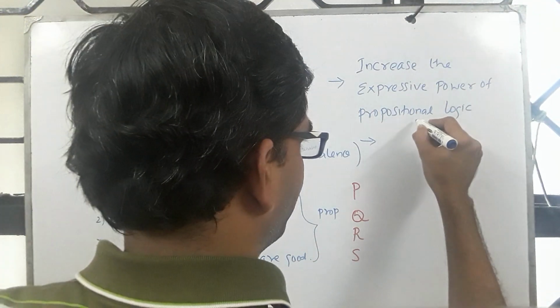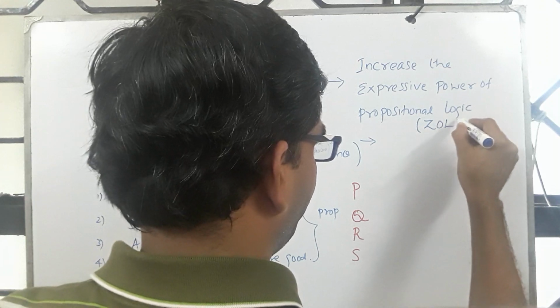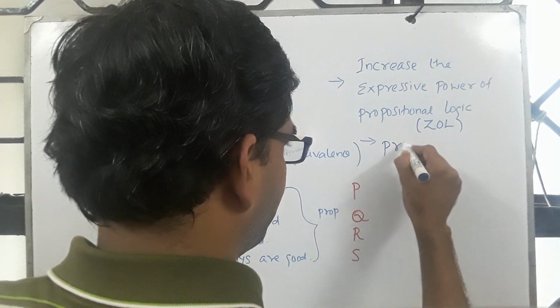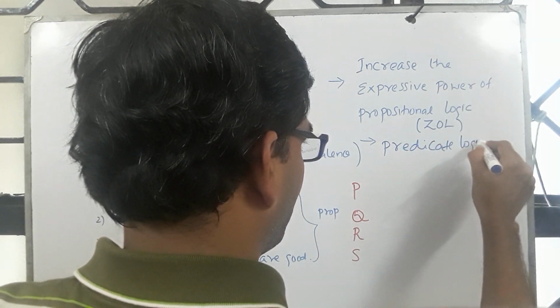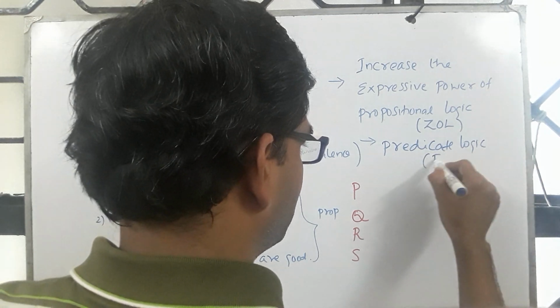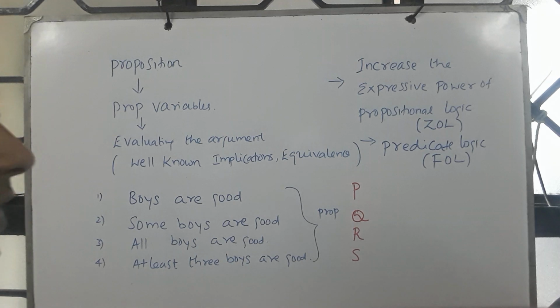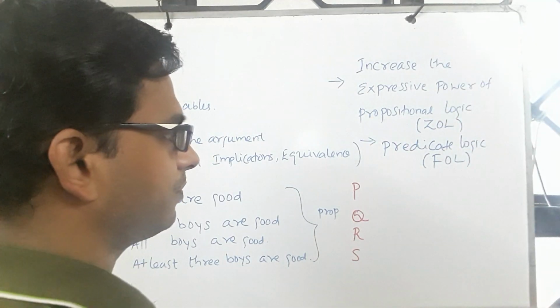So we move from propositional logic, which we call zeroth order logic, to something called predicate logic. This is first order logic. So we increase the expressive power of propositional logic to predicate logic.